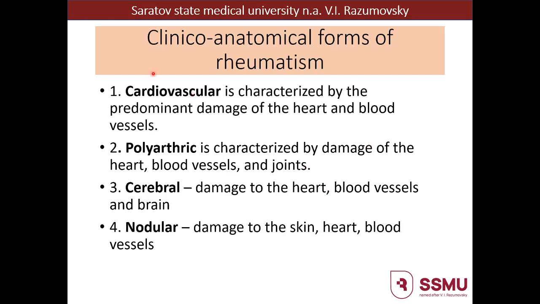First of all, one of the typical forms of rheumatism is the cardiovascular form, and it is characterized only by damage of the heart and blood vessels. In this form, we may see complications which will be associated only with heart damage. We may see cardiac defects here.